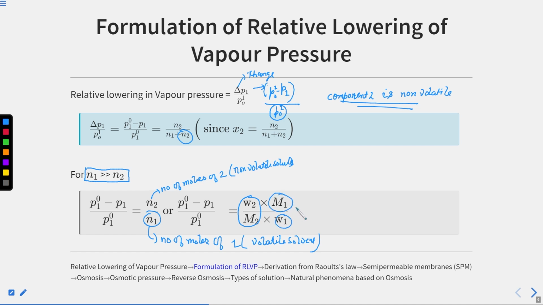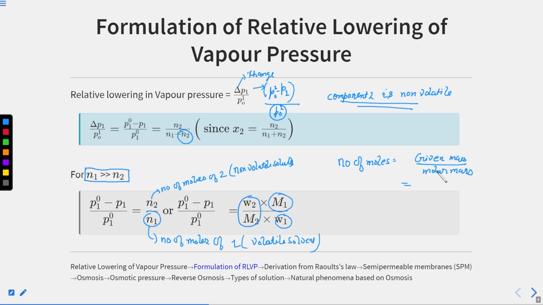So you must know first of all that number of moles is equal to given mass by molar mass. We are using this simple formula only, not rocket science to understand.